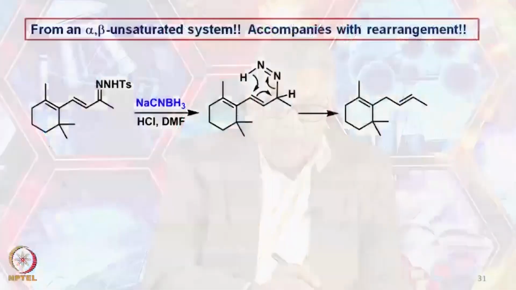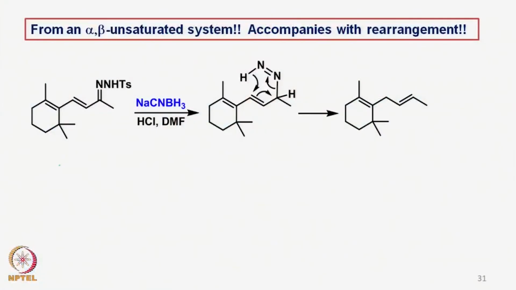But if we take an alpha beta unsaturated system from a molecule like this, we can convert it into the corresponding tosyl hydrazone, which then under similar conditions forms the corresponding hydrazine type of molecule like this, which then undergoes rearrangement in this fashion to move the double bond to this position.